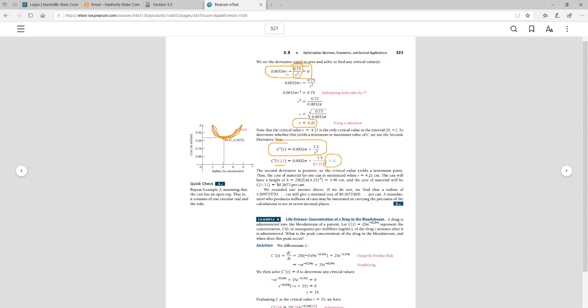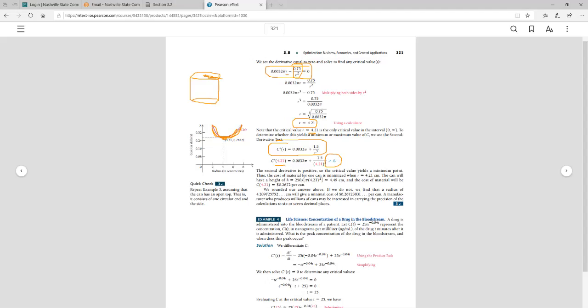So we have found the absolute minimum for the radius of the can if you want to achieve the lowest cost. So if you're going to create this aluminum can and you want to minimize the cost based on the information that they gave us, you need to make sure that the radius of the can is about 4.21. So the distance from the center of the circle to the edge would be 4.21.